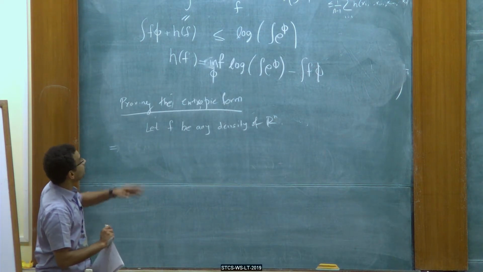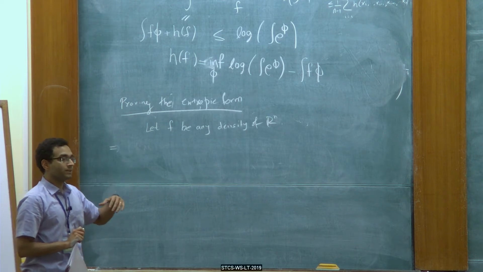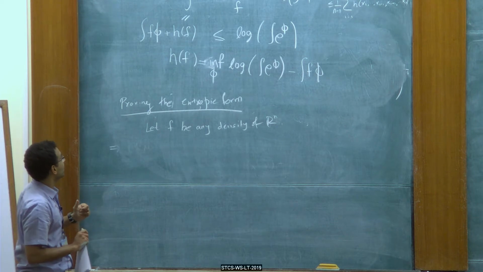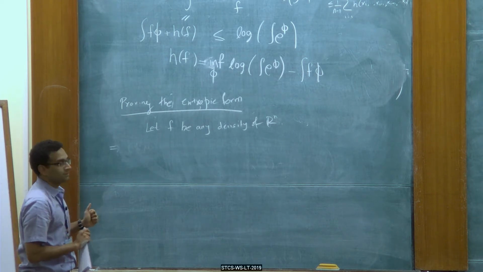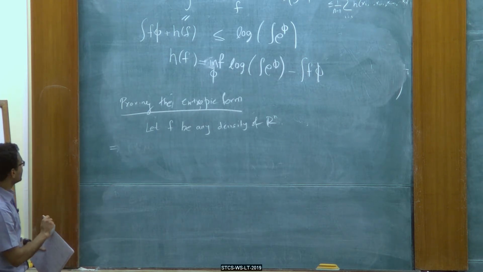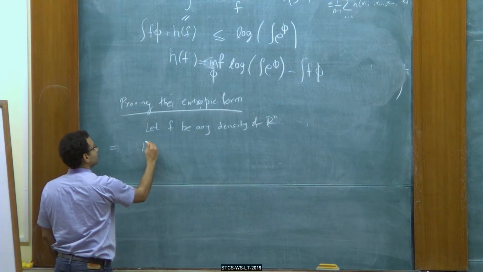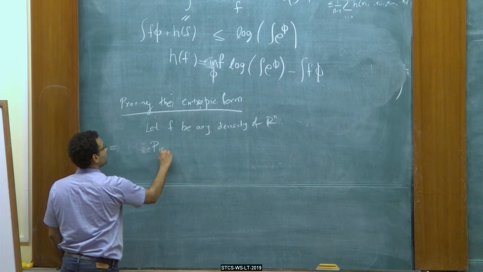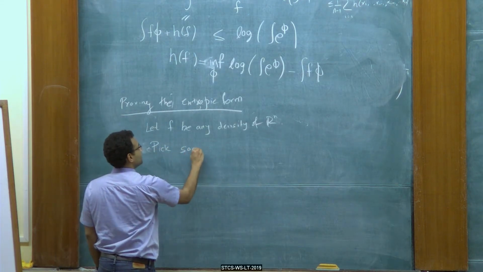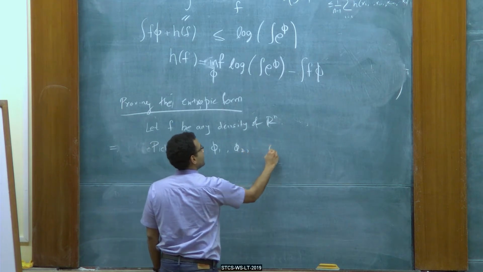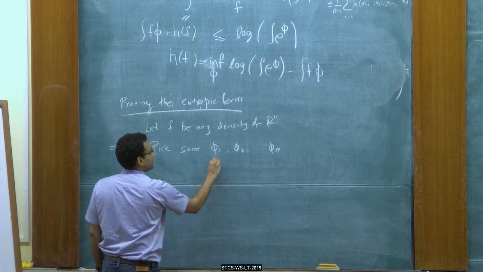We use concavity of logarithm, and the fact that f is a density, it integrates out to 1. Okay. So let f be any density on Rn, and for now let's just pick some functions phi1, phi2, up to phi_m on the appropriate dimensions.